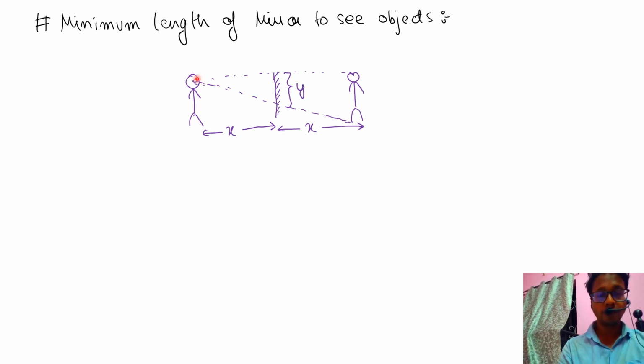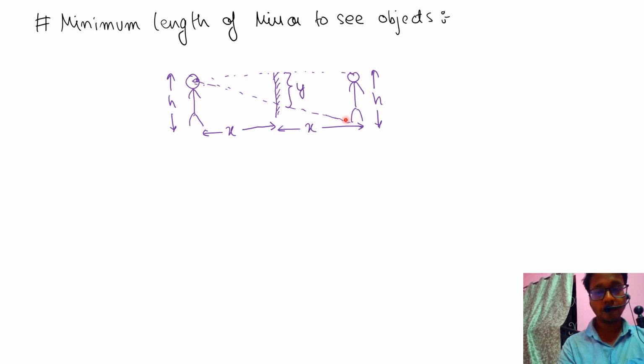Now see two triangles. This one is the first triangle, and this one is the second triangle. Let the height of the human be h. From this first triangle and this second triangle, can I say these two triangles are similar? Yes. So can I say h divided by y is equal to, this distance is x plus x, 2x, divided by x?